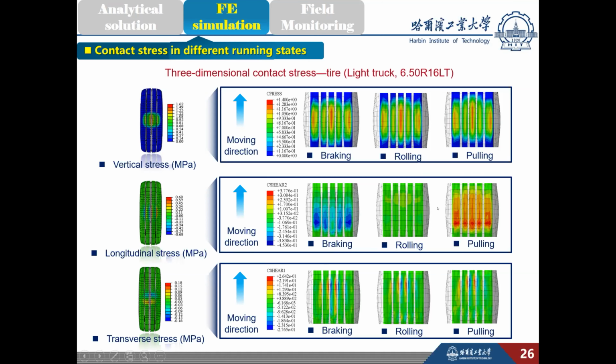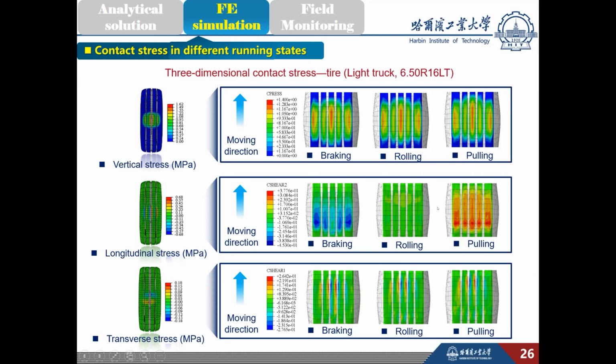Its peak value appears at the back of the moving direction, while its direction is reversed between traction and braking conditions. However, in rolling conditions, the longitudinal stress values are very small and could be neglected.